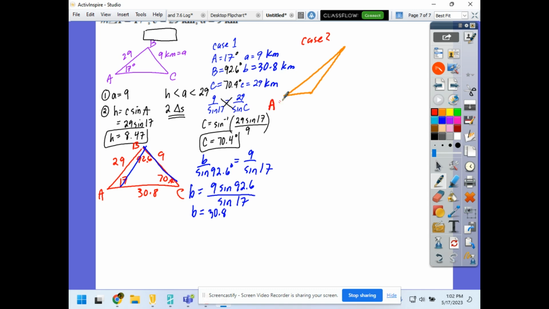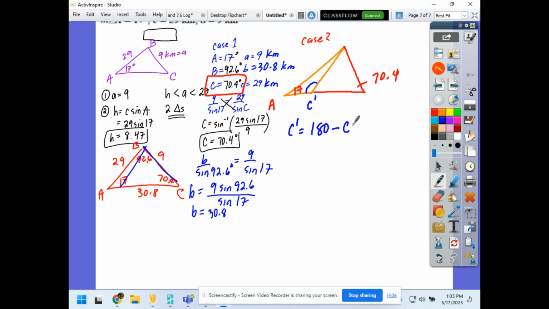So again, A here is 17. And your C a while ago was 70.4. For you to get this new C, the C prime, you just have to subtract the original C from 180.